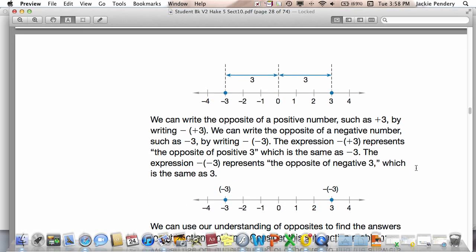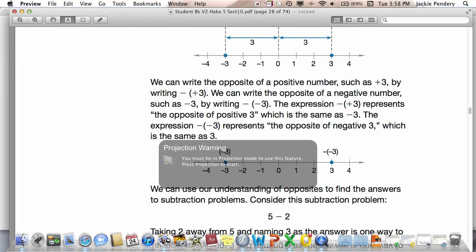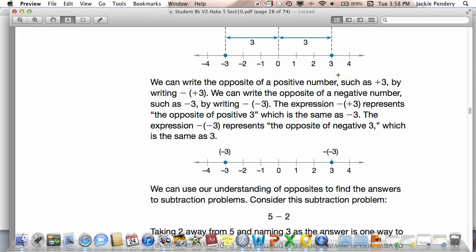So we can write our numbers in several different ways. We can write a positive number like this. We can write a negative number just by saying -3. But we can also write the opposite by using a combination of positive and negative signs and parentheses.